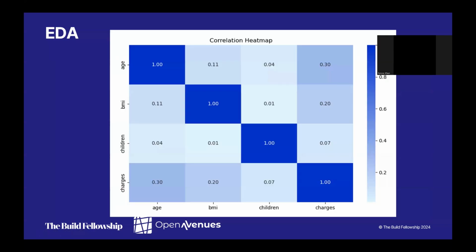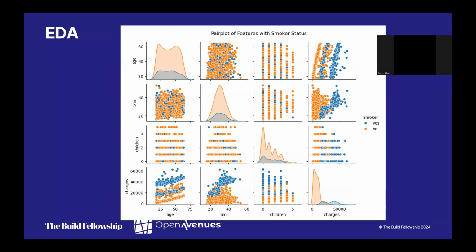Now let's look into the correlation heat map, and we find that age has the strongest correlation with charges. BMI and the number of children show very weak correlations. In the pair plot, we find that smokers consistently have higher charges across all ages, which highlights smoking as a major cost driver.